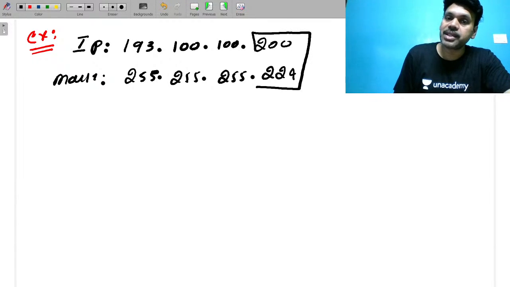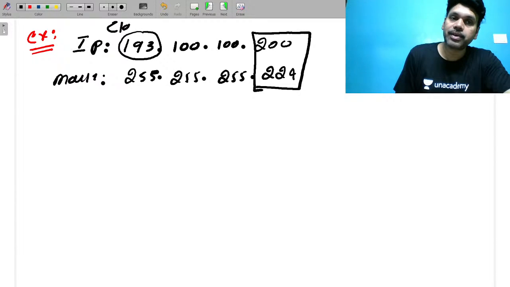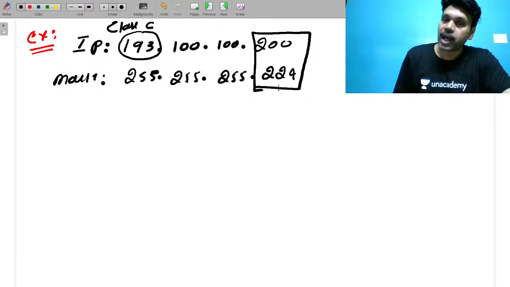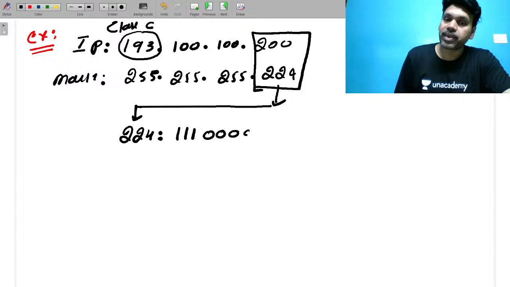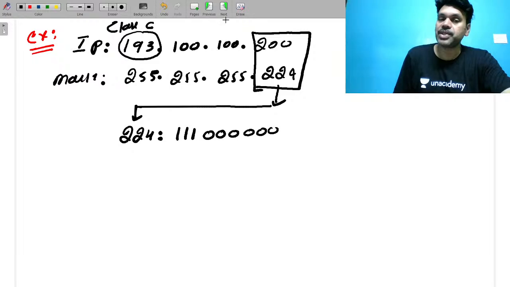We know that this is class C because 193 belongs to class C only. And therefore this 224, if you write it in binary, the mask has 3 ones, remaining are 5 zeros.